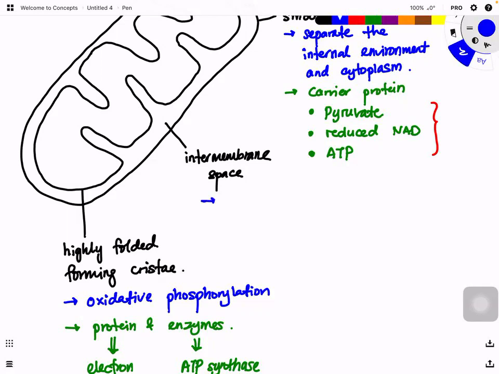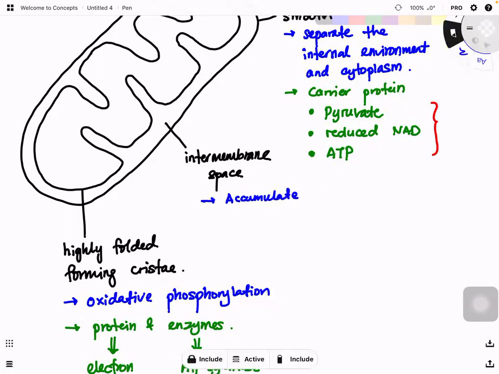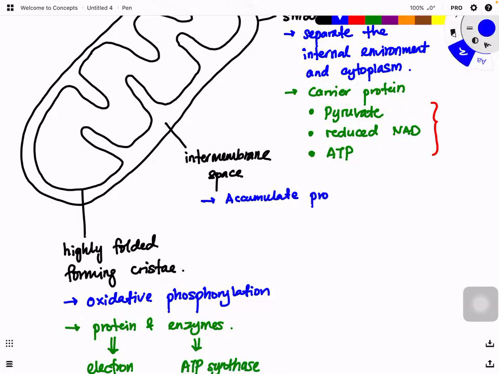What they do is accumulate protons. In terms of structure, they are very narrow. So why is narrow so important? Because when they are narrow, the area and volume are smaller, so the concentration is higher. Therefore, because of being narrow, we can create this steep proton concentration gradient.